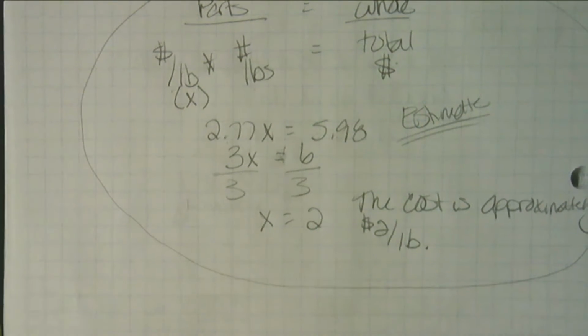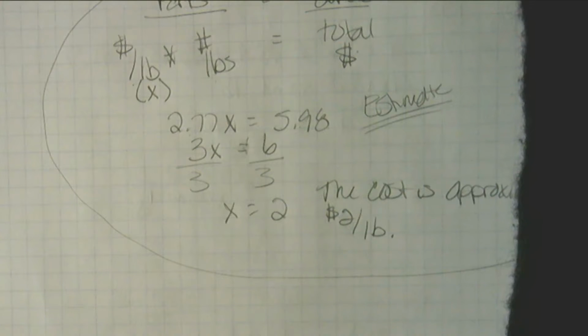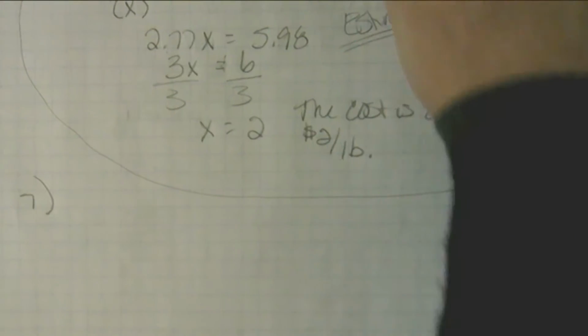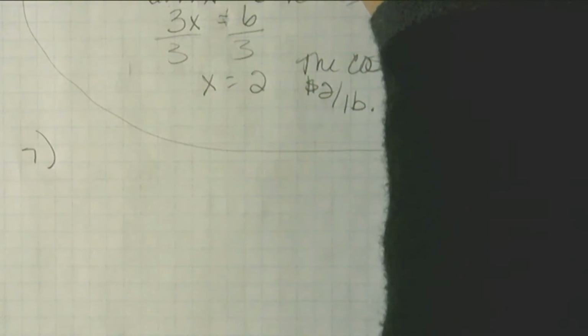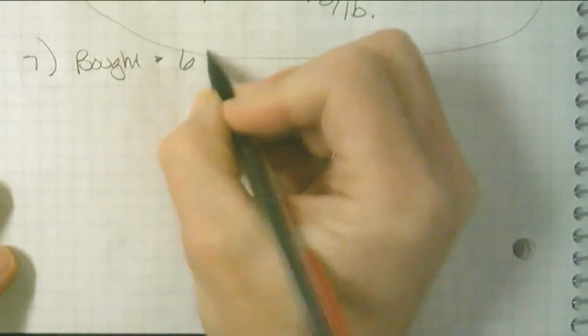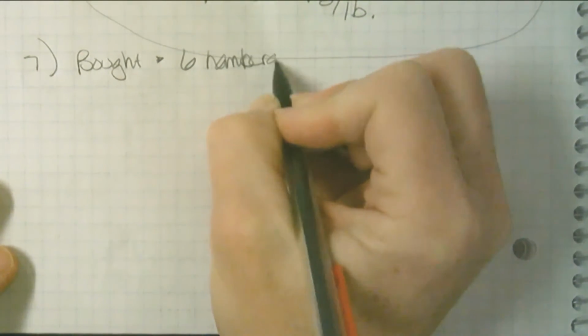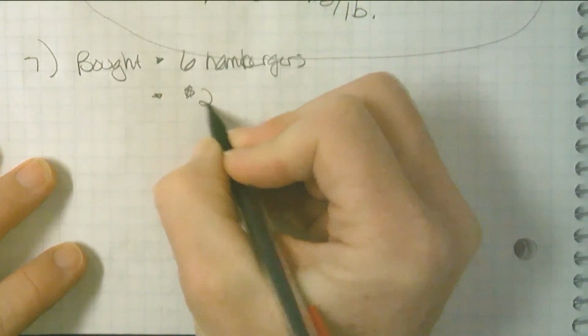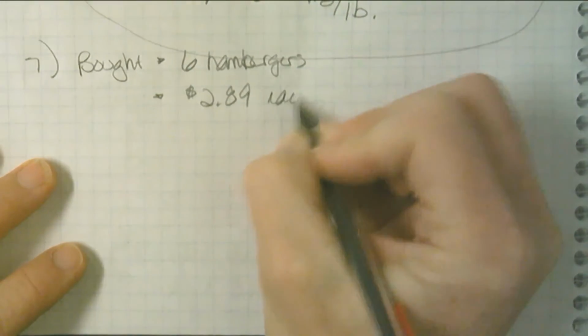All right, what else can I do for you guys? Michaela? All right, let's take a look at number 7. Number 7 said Tom bought 6 hamburgers, and they were $2.89 each.